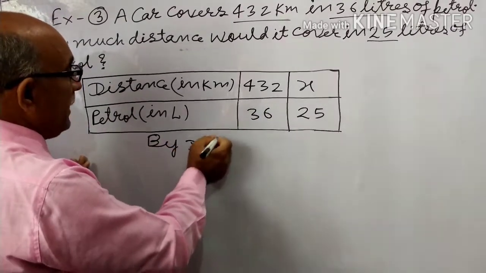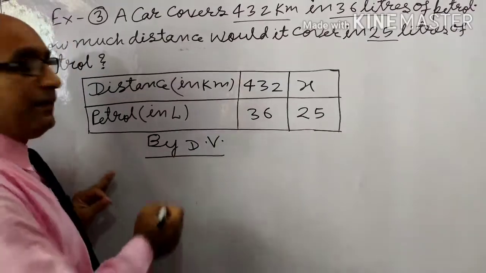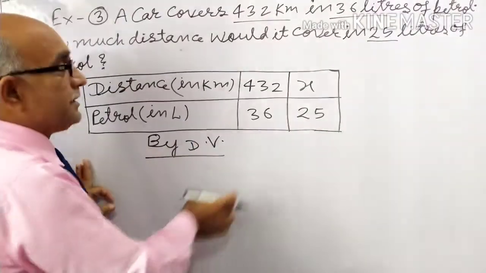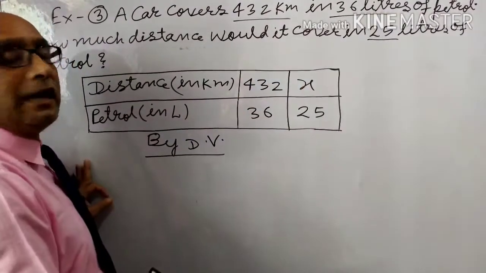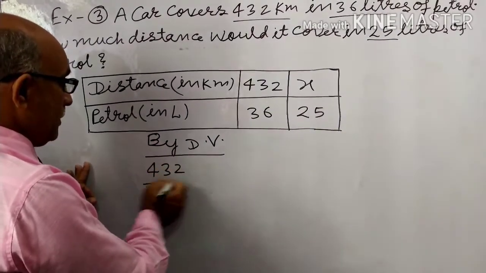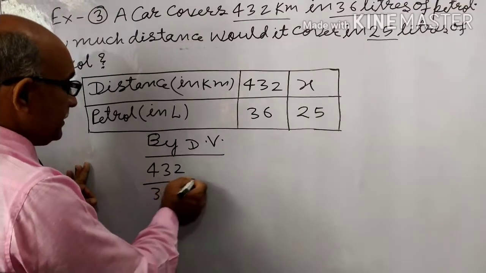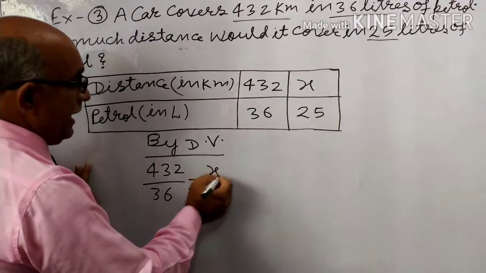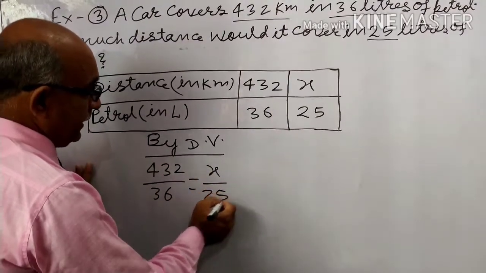DV means direct variation. In direct variation, the ratio of two quantities is constant. So 432 by 36 equals x by 25.